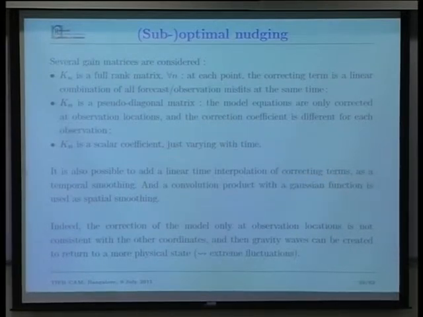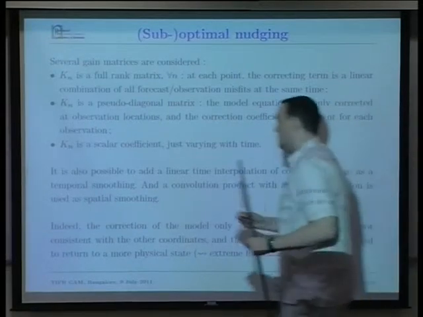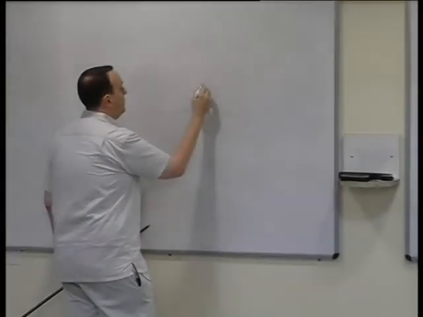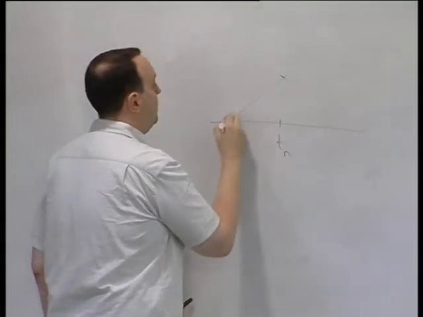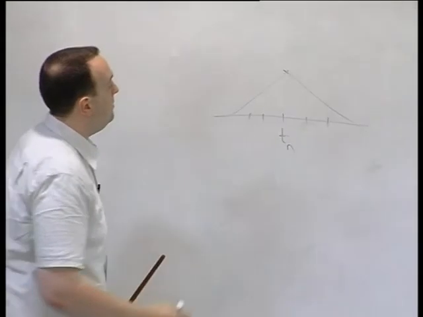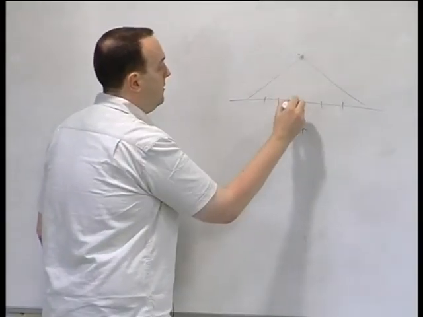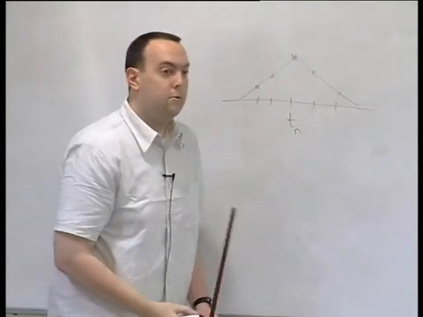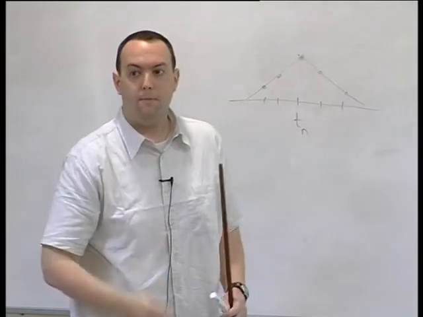So simply, as I showed yesterday, here is your time of observation, and you add some correction, for instance like this, over several time steps. So the correction is not only at this time, but you also make small corrections one or two time steps before and after.